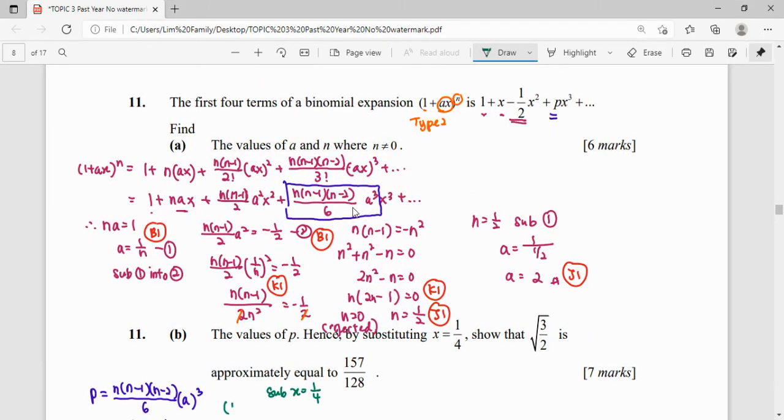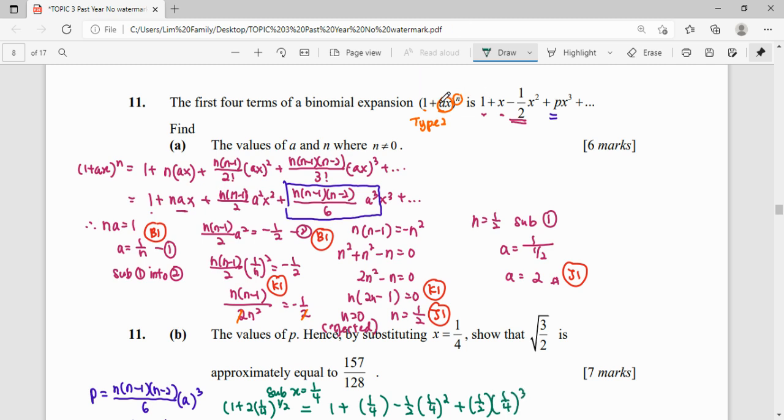It will be 1 plus a is 2 and x is 1 over 4, power to n is 1 over 2. So it equals to the expansion: 1 plus x is 1 over 4, and then negative 1 over 2 times x squared, x squared is (1 over 4) squared, plus p, which we found just now is 1 over 2, times x cubed, (1 over 4) cubed.